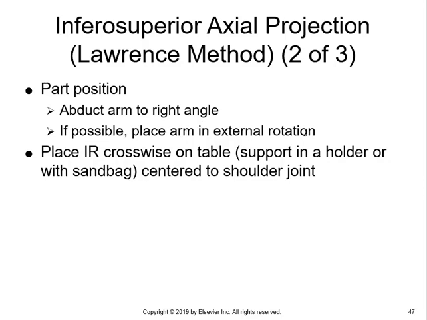Placing the arm in external rotation, and that's really kind of a natural position to have the patient in. And you can have the patient bend their elbow and hold the image receptor into place if you don't have some sort of support for the image receptor. If the patient can't tolerate that, or if they, for whatever reason, can't bend their elbow or hold the image receptor, then you're going to need some sort of image receptor stand or sandbags, maybe tape.